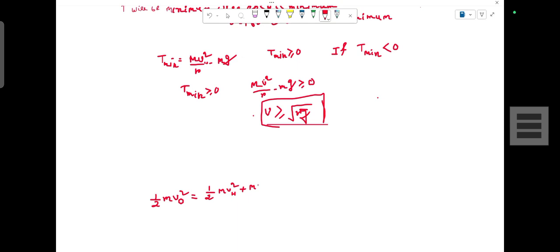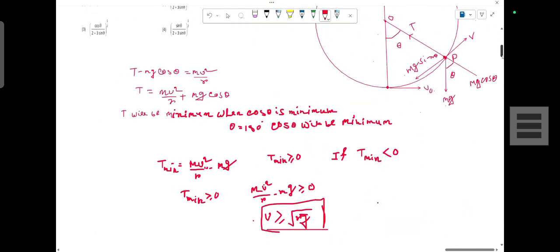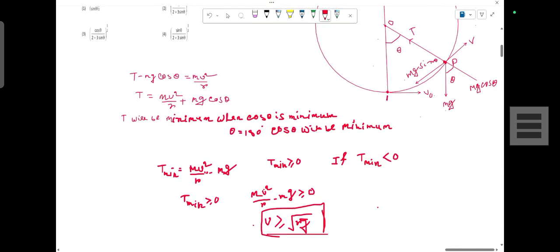The height is 2r from the point L, you can say this point is L. Okay, that is the reference point.